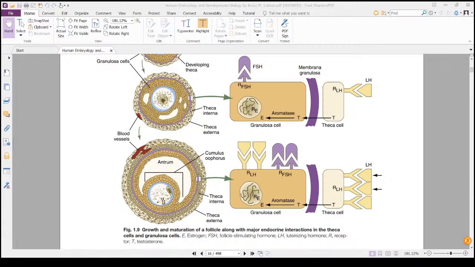There are changes in the function as well. Now, in the absence of a direct stimulus from the oocyte, the granulosa cells will follow a default pathway and assemble the FSH receptors on their surface.